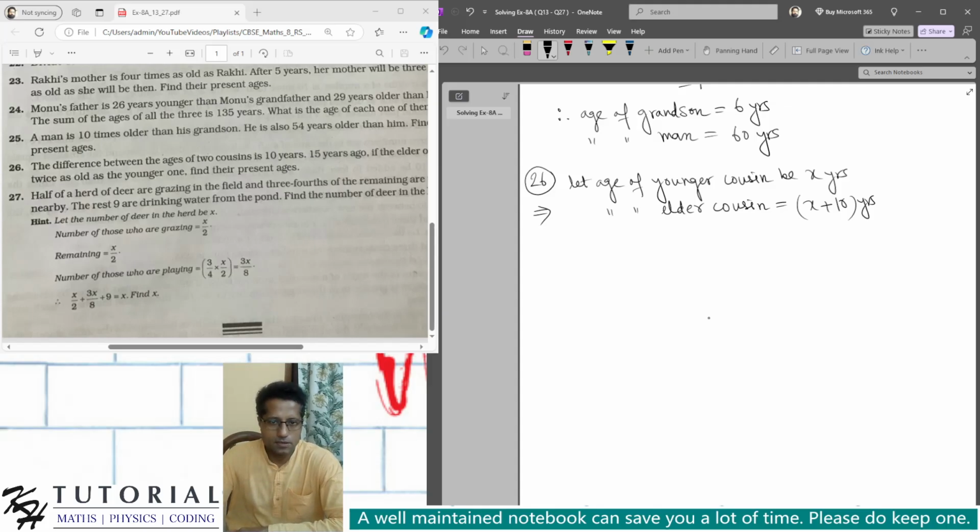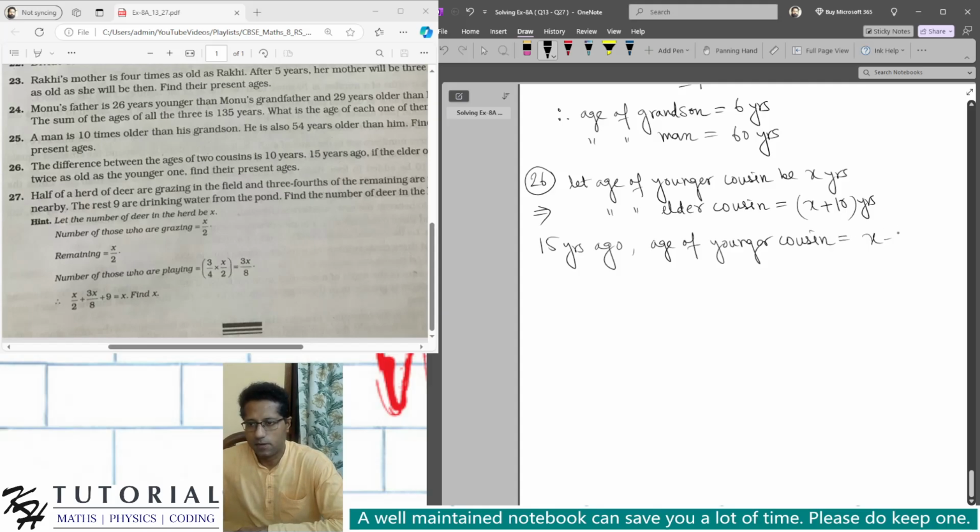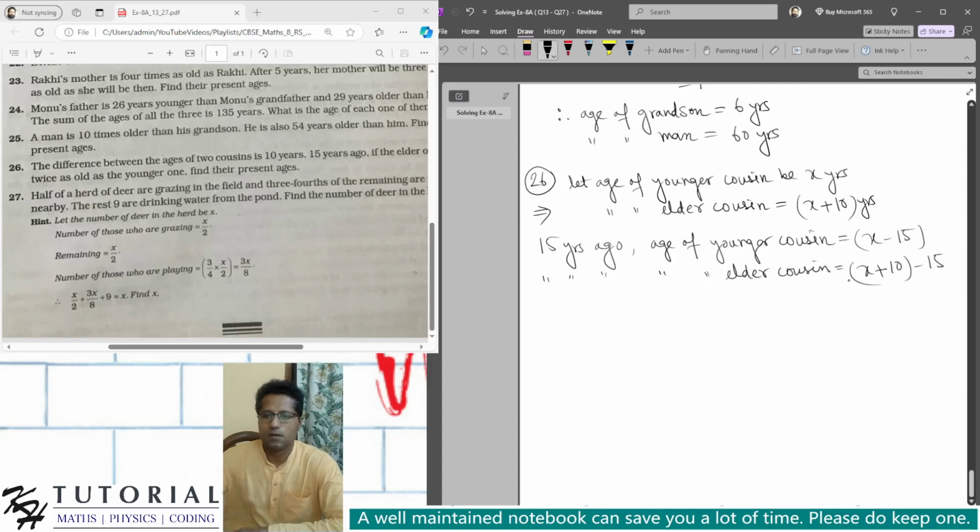Now 15 years ago, the age of the younger cousin is equal to x minus 15, and 15 years ago the age of the elder cousin will be equal to x plus 10 minus 15, which is equal to x minus 5.